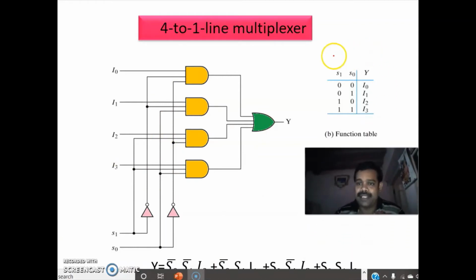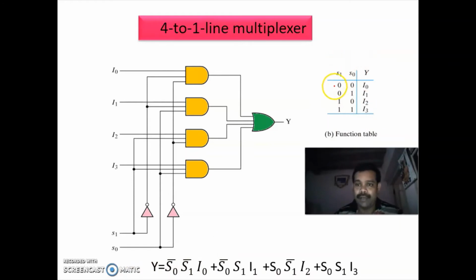Now this is the function table. From this function table, when S1 S0 is 0 0, whatever you are having in I naught will be transferred to the output. When S1 S0 is 0 1, whatever you are having in I1 will be transferred.